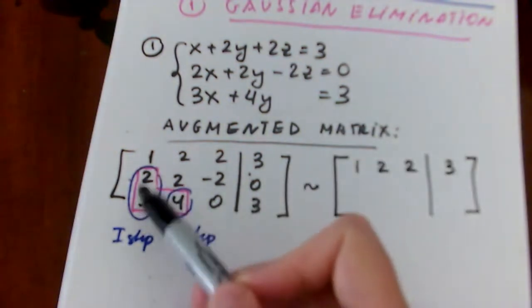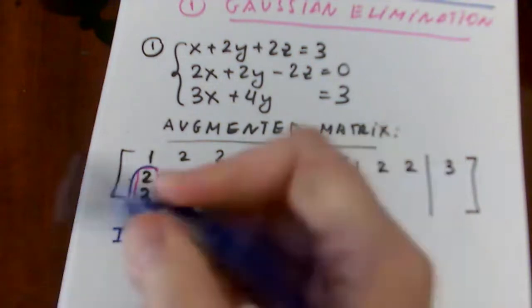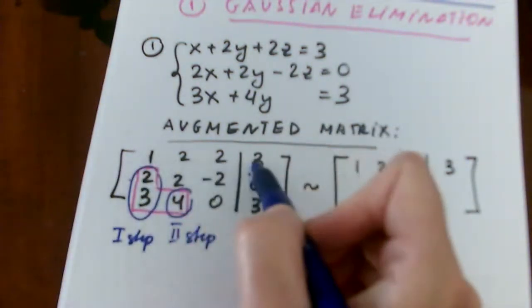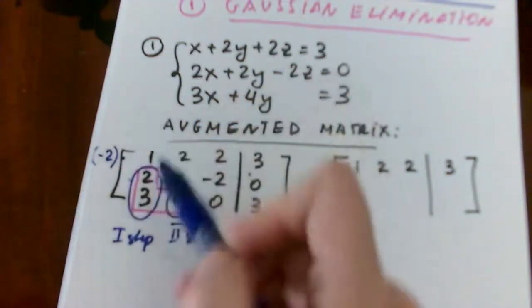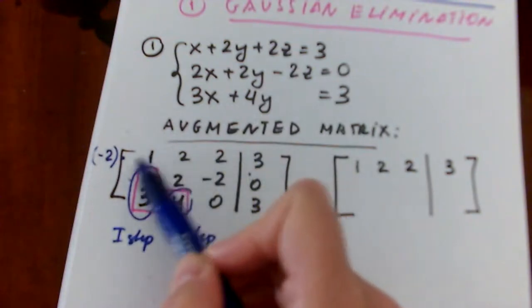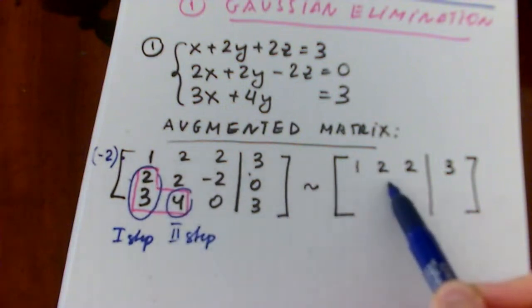And now it's time to start performing our first step. So what can we do? To get rid of these 2 in the second row, you are allowed to use only the first row. So for example, you can multiply it by 2. It means that I'm going to multiply every single element of this row by -2 and add it to the second row and write the result on the second row.